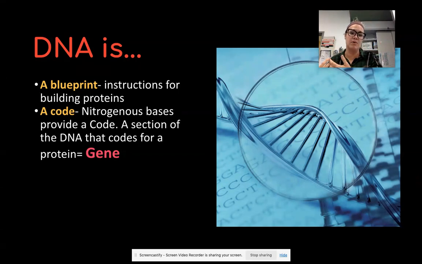What I want you to remember is that we start symbolizing the nitrogenous bases as letters, and you can see that in this picture: C, G, A, A, C, C, C, T, T, A, A, A, A. But each of those letters is actually a representation of a real nitrogenous base, and that base comes in a set of 3, and codon and anticodon fit together, and they have attached to it a particular amino acid.